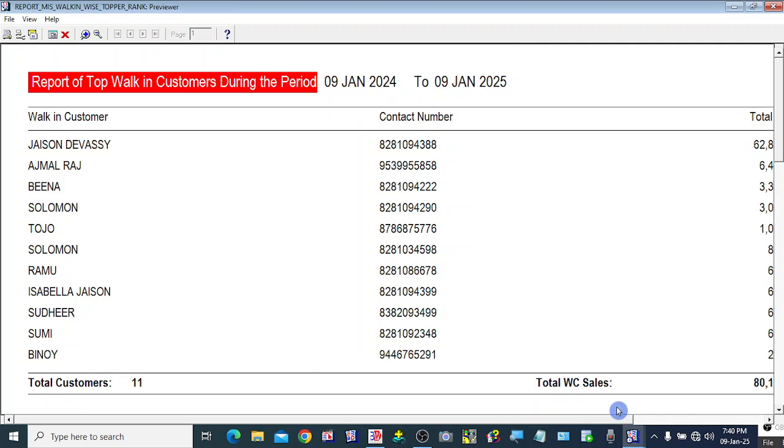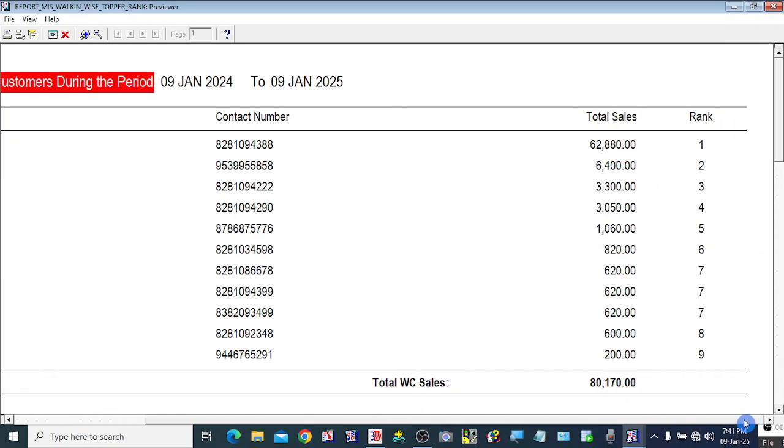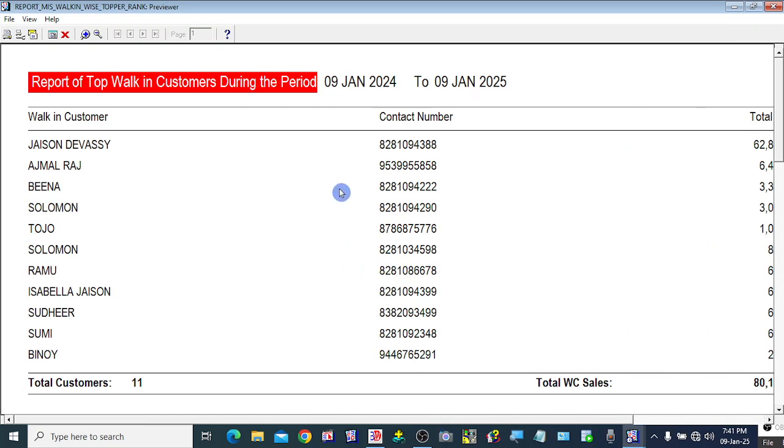Whenever you select a walk-in customer while you generate a sales invoice, that sales invoice will be tagged with this walk-in customer's contact number and name information.